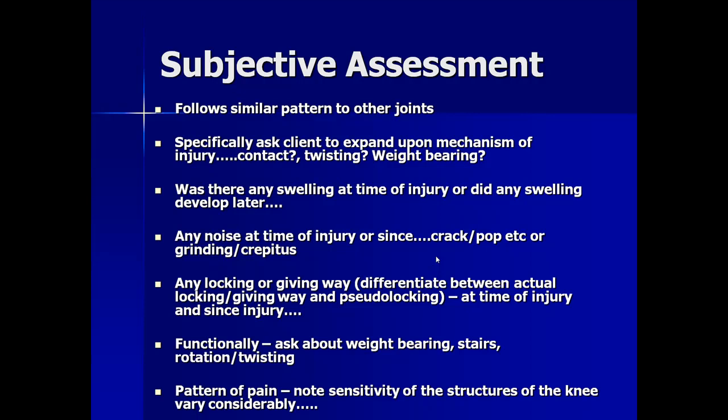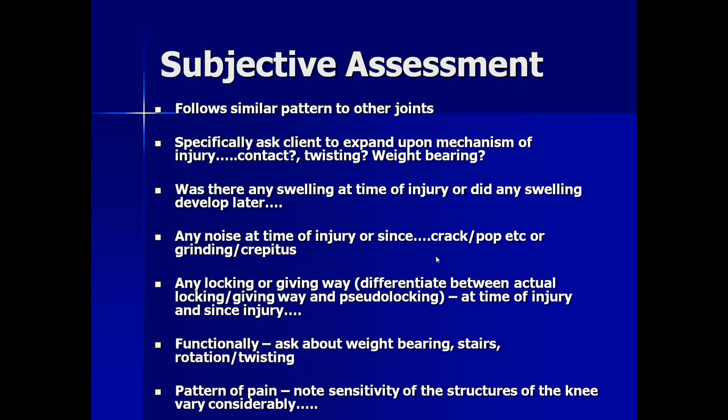When considering the other points of the subjective assessment, let us go through these in a little bit more detail. The subjective will always follow the same and similar subheadings that we have considered during the subjective assessment for any other joint, hip, ankle, or wherever. There should be some extra questions though which are associated with the knee particularly.